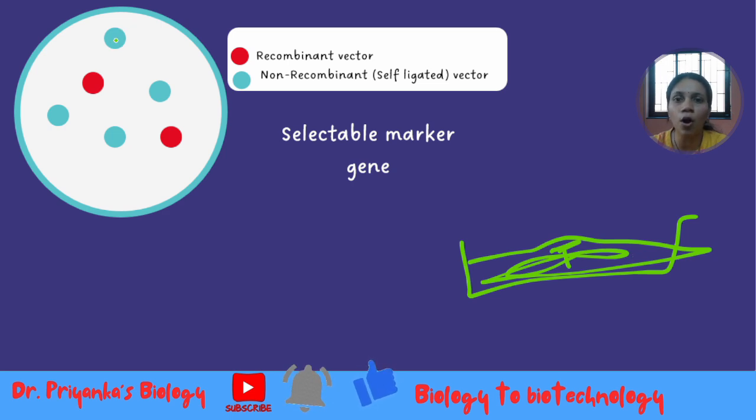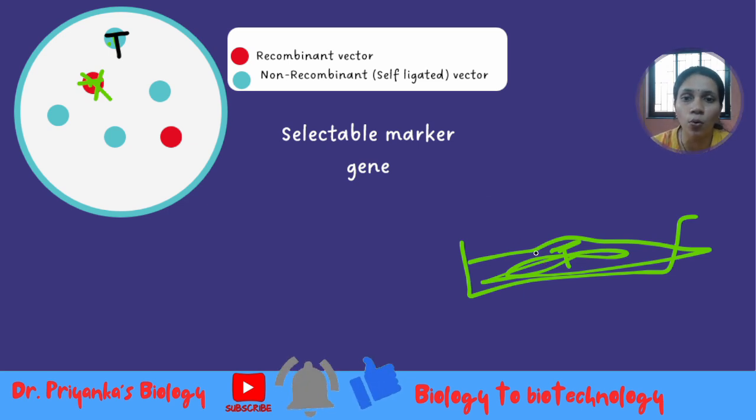Now suppose the recombinant ones: here the tetracycline resistance is broken because the gene has been inserted into the tetracycline resistance gene, right? Whereas in the non-recombinant ones, the tetracycline resistance gene will be intact, right? That means those cells are going to give the tetracycline resistance.